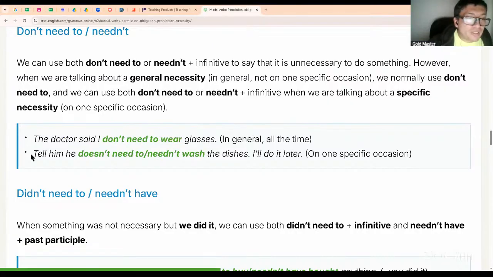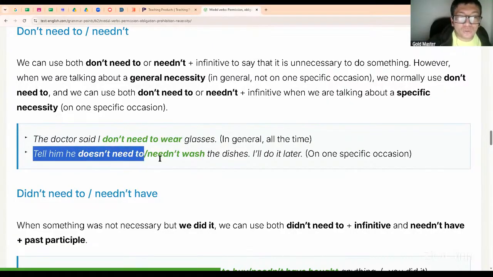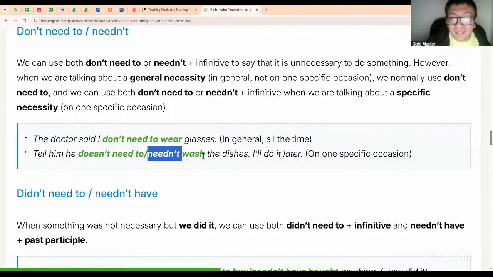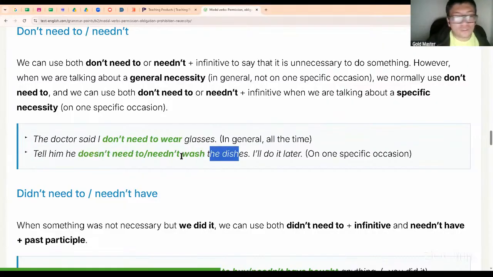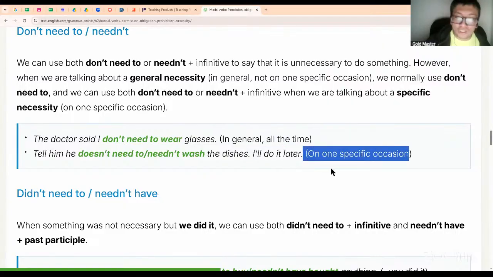That's it. Tell him he doesn't need to or he needn't wash the dishes. In this case, I would say, guys, tell him he doesn't need to wash the dishes, or tell him he needn't wash the dishes. I'll do it later on the specific occasion.